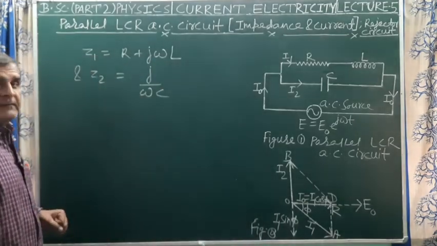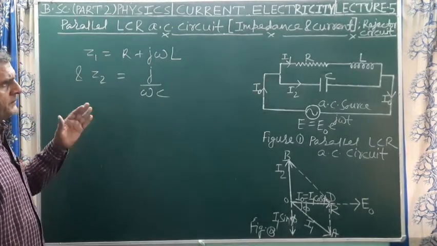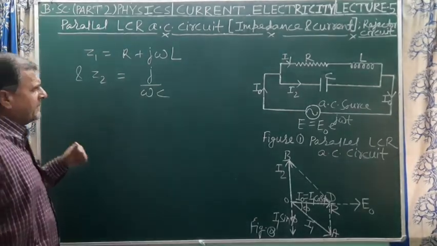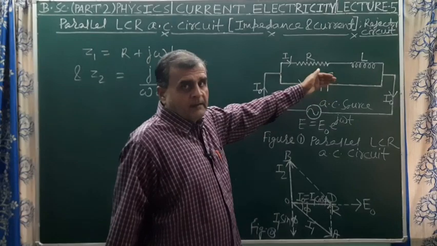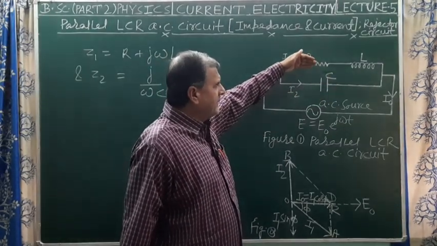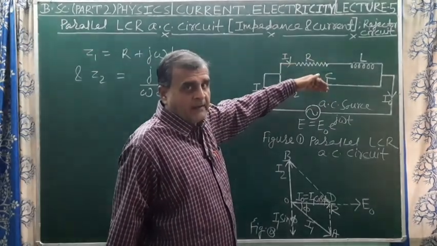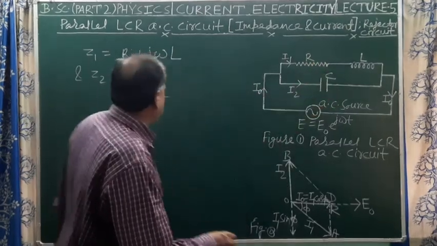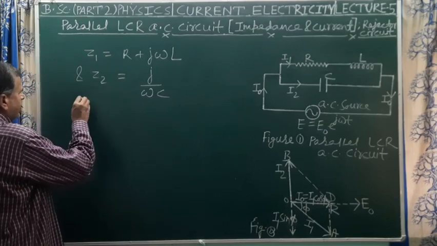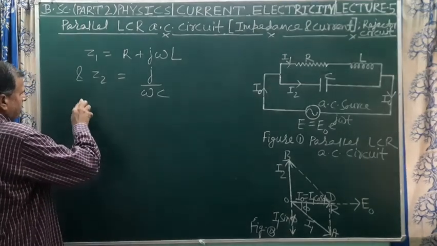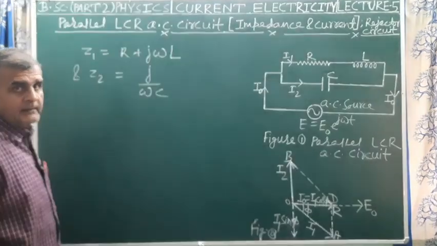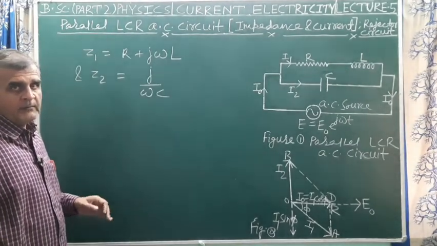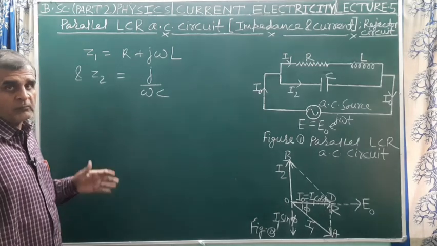Now the total impedance of this parallel LCR AC circuit: because both impedances Z1 and Z2, in the inductor arm and the capacitor arm, are joined in parallel, using the formula for combination of resistance in parallel connection, we know that 1 by Rp equals 1 by R1 plus 1 by R2.